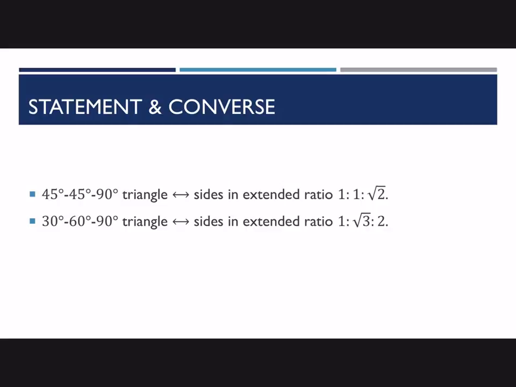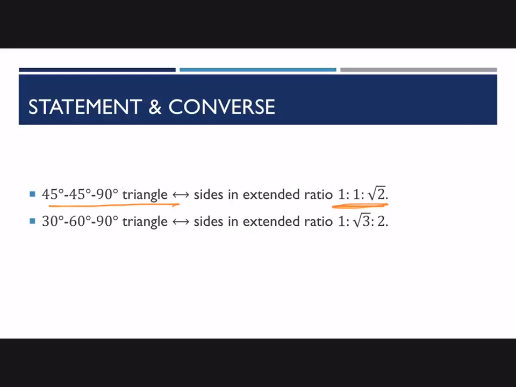All right. So these two statements, you can read these both ways as well. So there's a statement and its converse, and this is also mentioned, I guess, more formally in the textbook, but if you have a 45, 45, 90 triangle, then that automatically means the sides are in this ratio 1, 1, square root 2. And then you can also read it backwards.